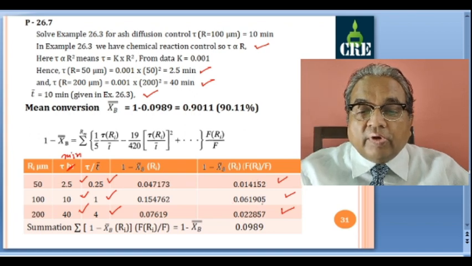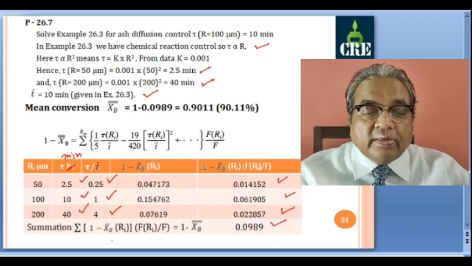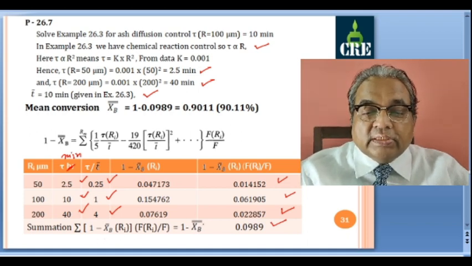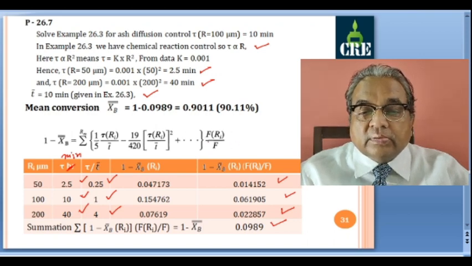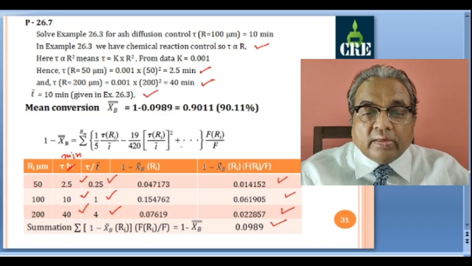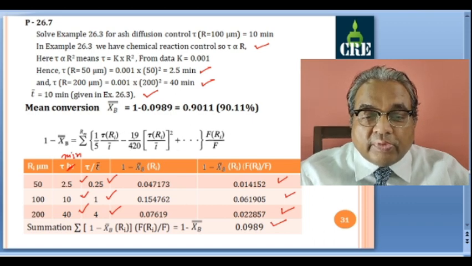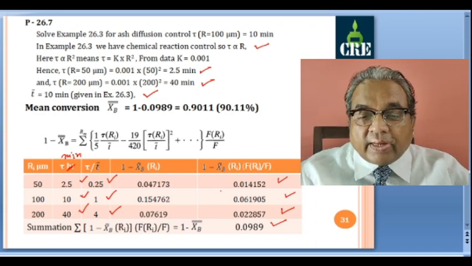When I calculate that and sum up, this bracket indicates 1 minus XB bar, except for the last multiplication. From this we are calculating 1 minus XB bar Ri. These values we have calculated, multiplied by FRi by F.